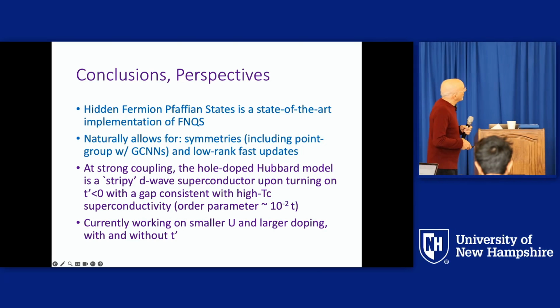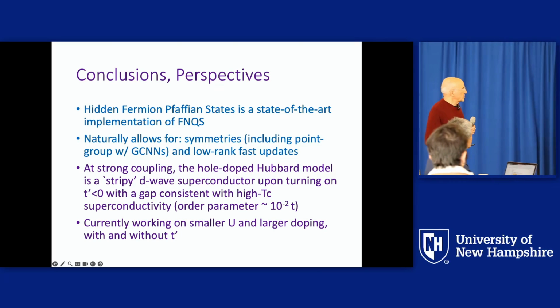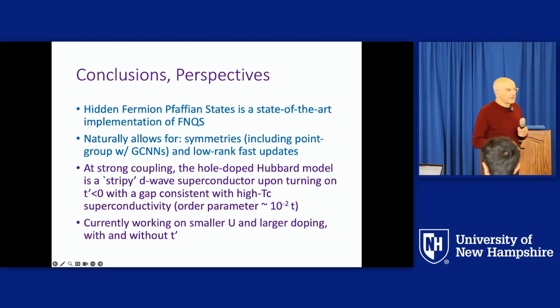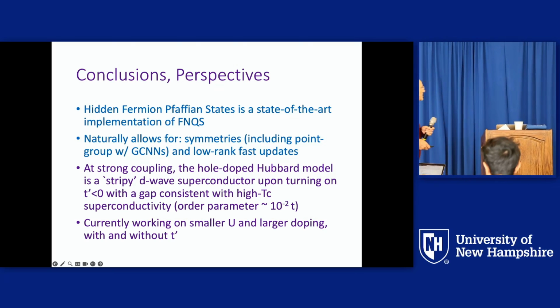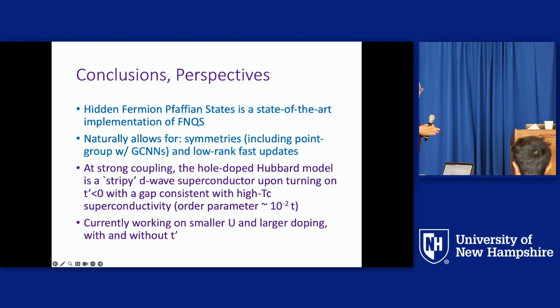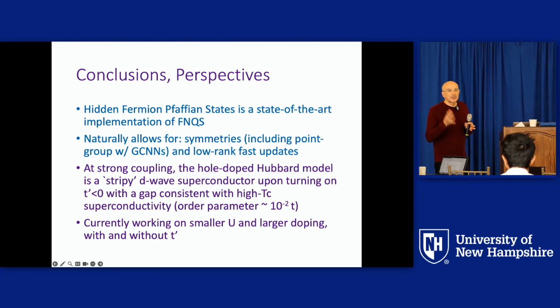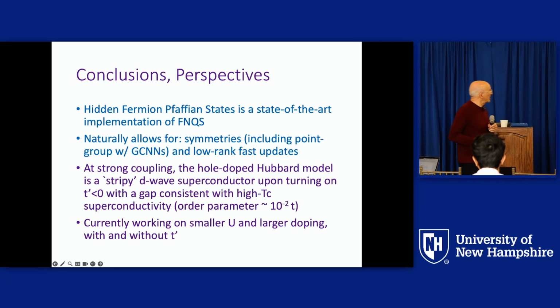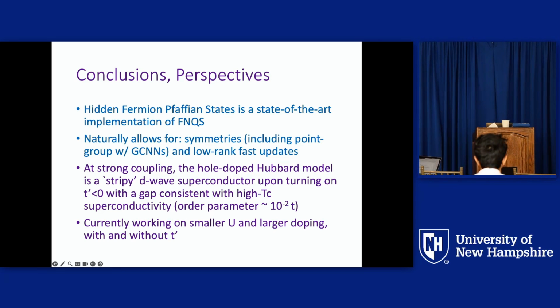And at strong coupling, this method supports and confirms the fact that the doped Hubbard model is a striped d-wave superconductor upon turning on t prime, with another parameter which is about 10 to the minus 2 times the hopping amplitude. So you can call this a high Tc superconductor. And we are currently working on clarifying the situation at smaller U and larger doping with and without t prime. And to obey the marching order of Subir, we'll even change the sign at some point.